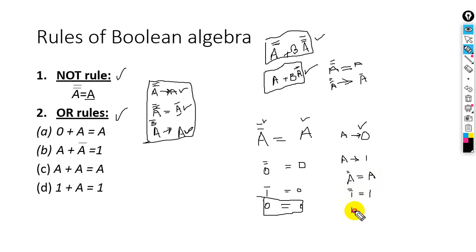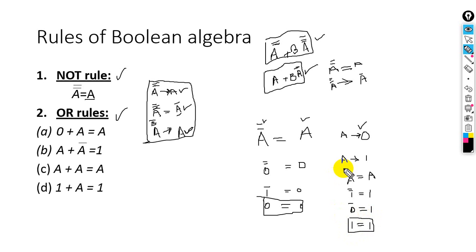It means the first bar converts 1 to 0, and one bar remains, so 0 bar converts 0 to 1. So 1 is equal to 1, hence proved that both sides are equal.